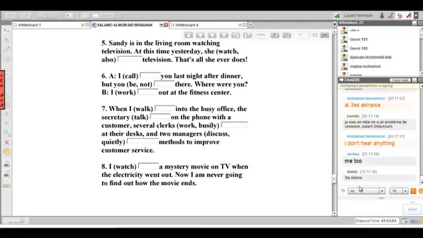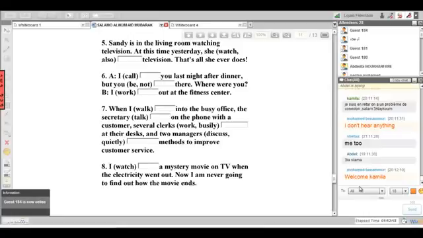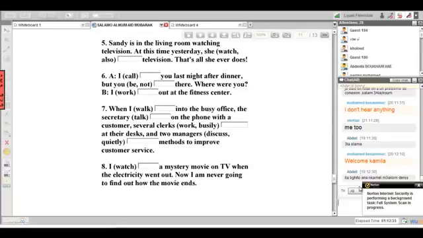Okay, Shifa. It can be a post modifier. Yes, Abdul. Okay, and two managers discuss quietly methods to improve customer service.